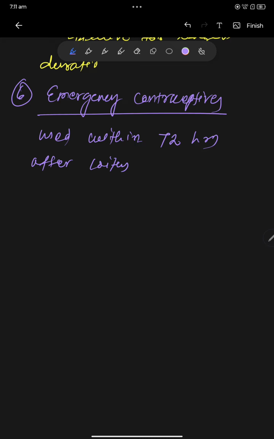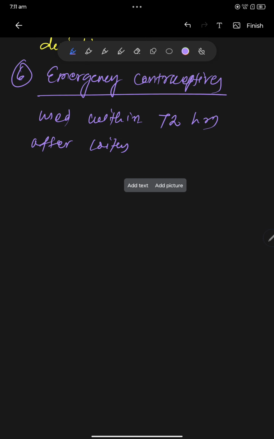If the pill or any contraceptive method is missed by mistake, but the couple wants to space between children or doesn't want to conceive, then they can have any one of the contraceptive methods within 72 hours after coitus.